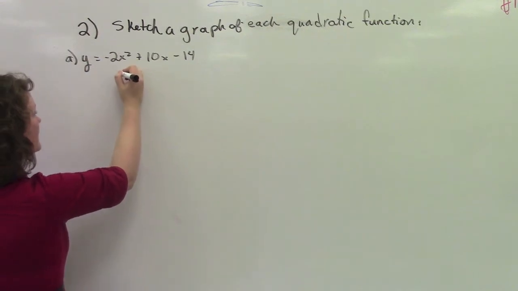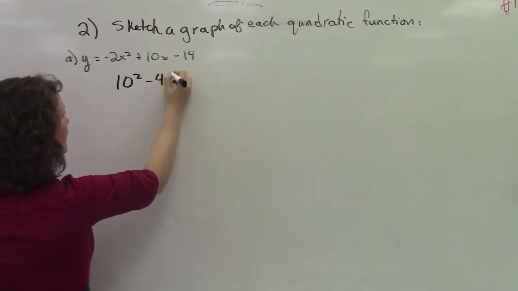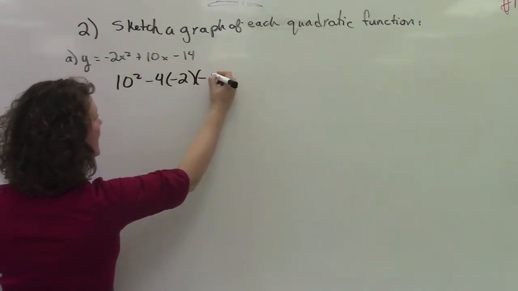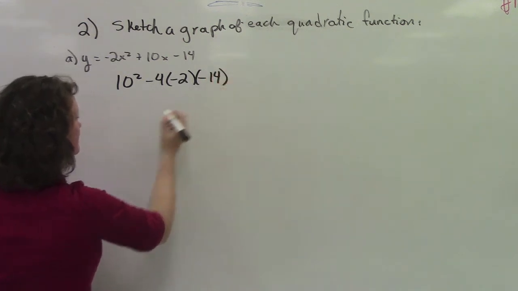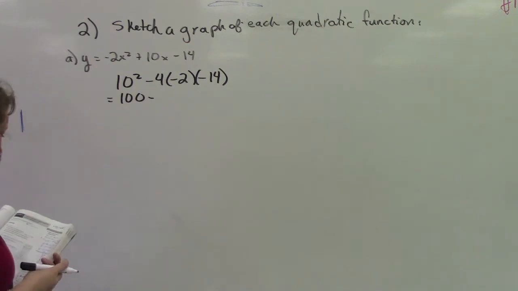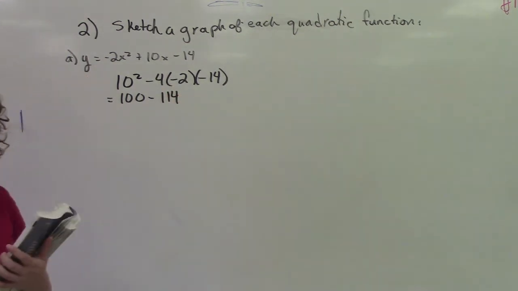So we have the discriminant being b squared, which is 10 squared, minus 4 times a, which is negative 2, times negative 14. So that equals 100 minus 114. Some of you guys got this wrong on the test too.